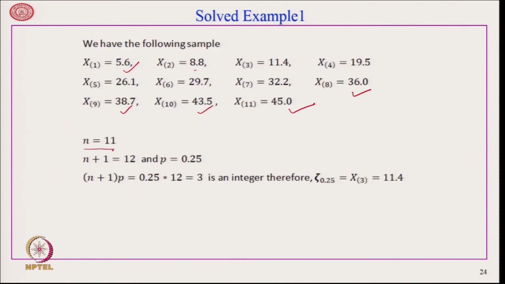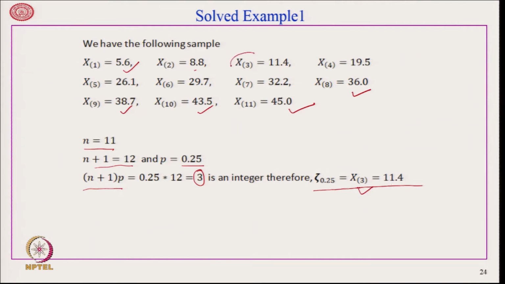So, n is equal to 11, therefore n plus 1 is equal to 12, and we are looking at zeta p when p is equal to 0.25. Therefore, n plus 1 times p is equal to 3. Therefore, zeta 0.25 we can replace with x 3, that is the third order statistic, which is 11.4.